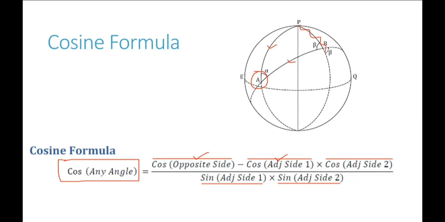So if I use this formula for angle A of the triangle, it would be cos of angle A, angle A is any one angle of this triangle, is equal to cos of opposite side.